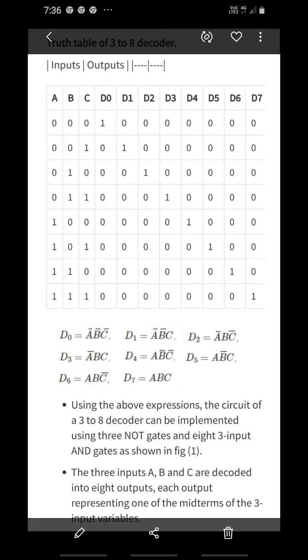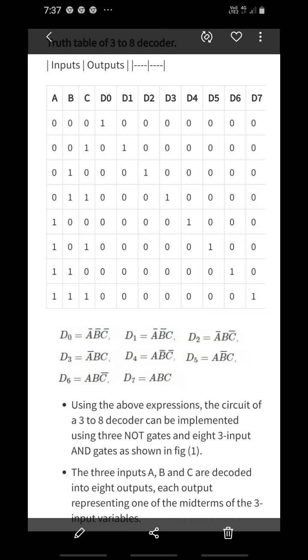And when applying 000 as input, then D0 is high and all remaining outputs are zeros. When applying 001, then D1 is high and remaining all outputs are 0. When applying 010, then D2 is high and remaining all are zeros. When applying 011, then D3 is high and remaining all other outputs are zeros.